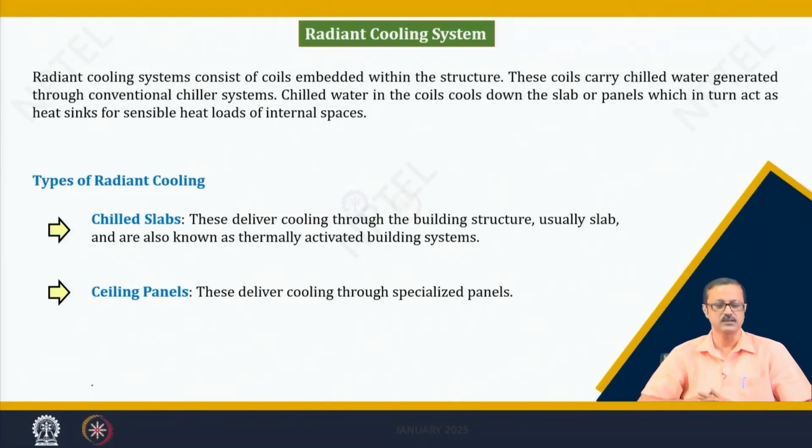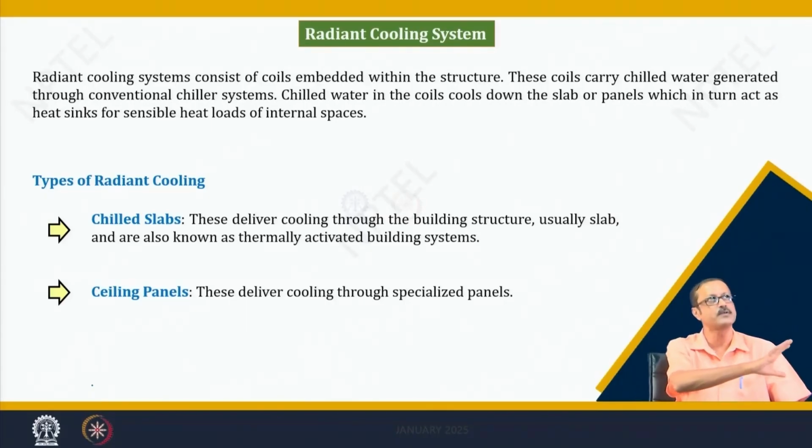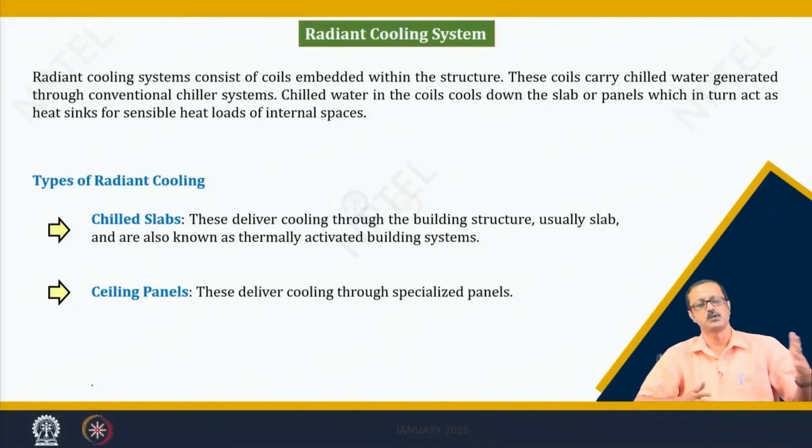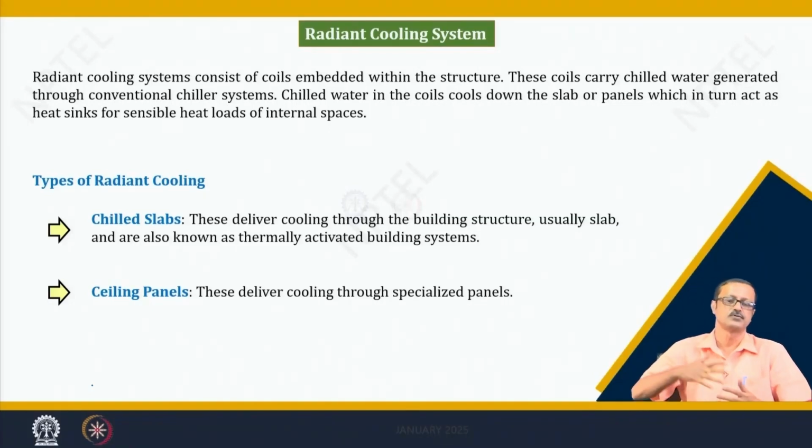A similar chilling panel can also be provided as a part of the wall, or maybe the full wall, where chilled water passes through the wall system itself. That wall must be the external wall, because it takes the maximum amount of heat gain, and that heat gain will be nullified by this flow of water.